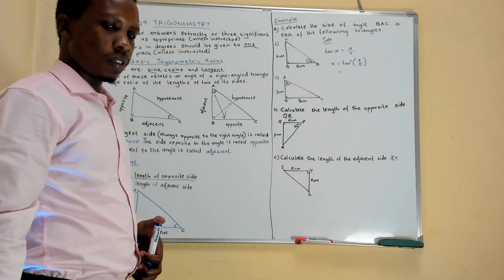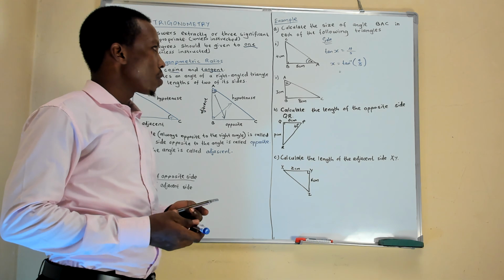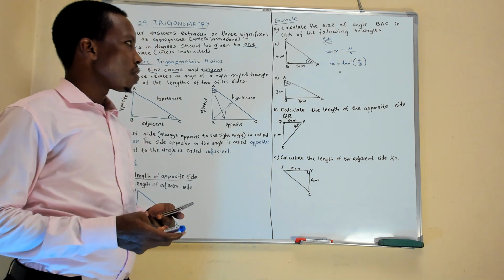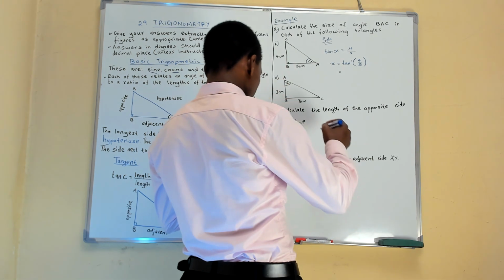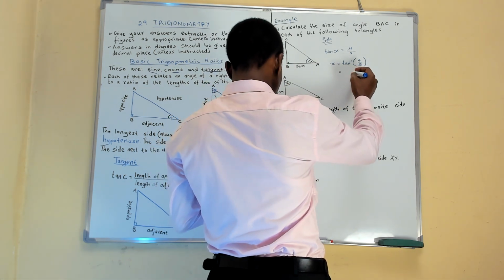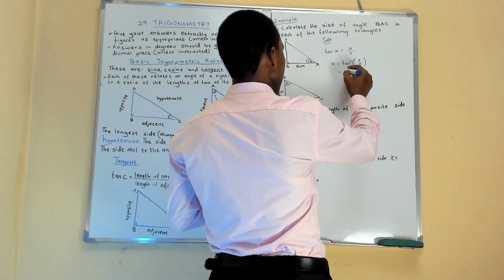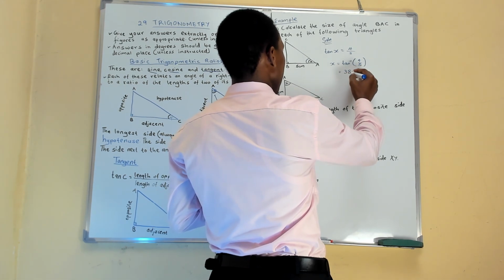If I use my phone to do tan inverse of 4 over 5, I'm having 38.7 degrees.